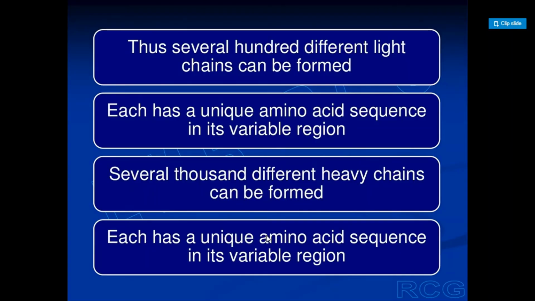Thus several different light chains can be formed, each having a unique amino acid sequence in its variable region. Several thousand different heavy chains can also be formed, each having a unique amino acid sequence in its variable region.